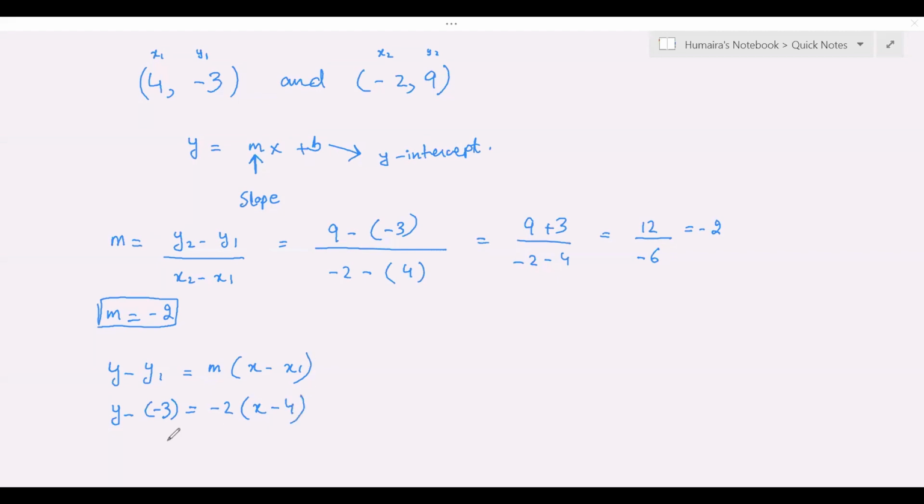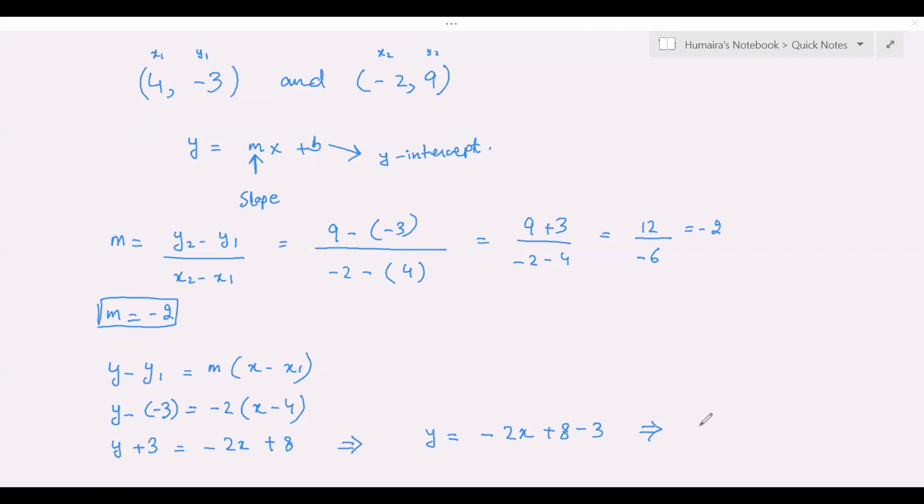So we will have y plus 3 equals negative 2x plus 8. I will shift this positive 3 to the other side of the equality and it becomes negative 3.